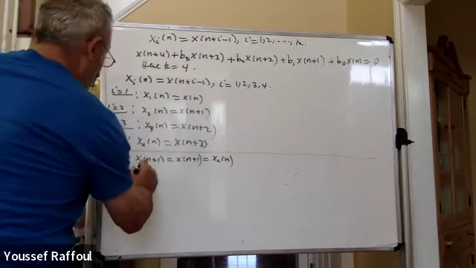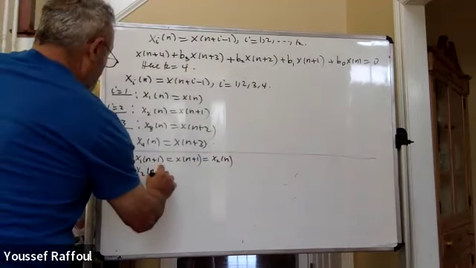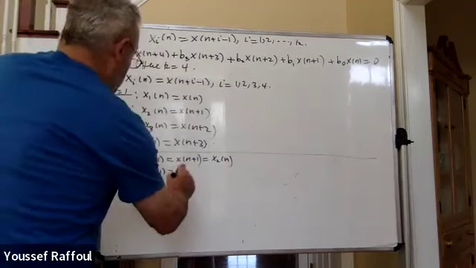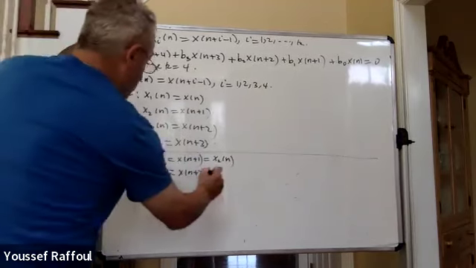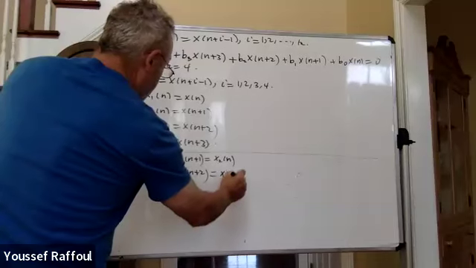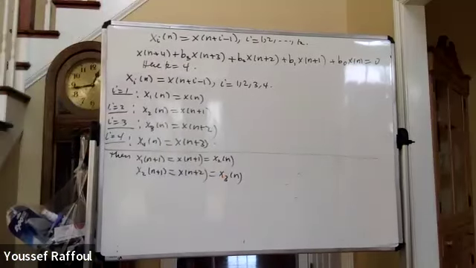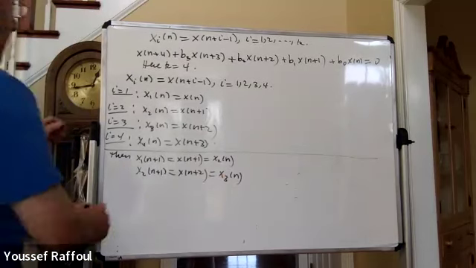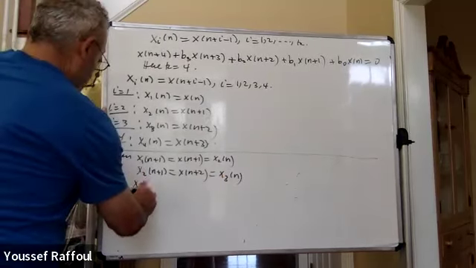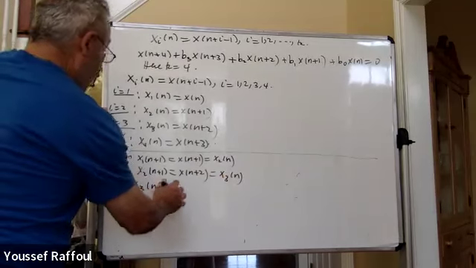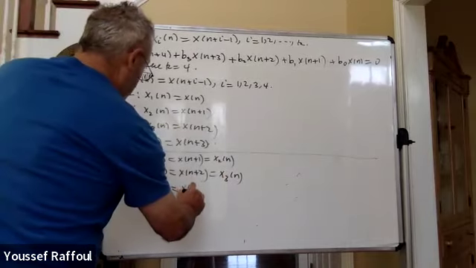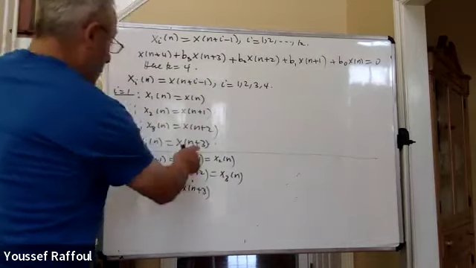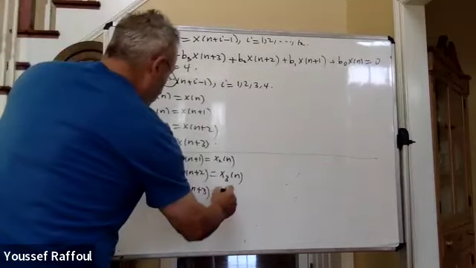x2 of n plus 1 equals x of n plus 2, but x of n plus 2 is x3 of n. Okay? And x3 of n plus 1 equals x of n plus 3, as x of n plus 3 equals x4 of n.